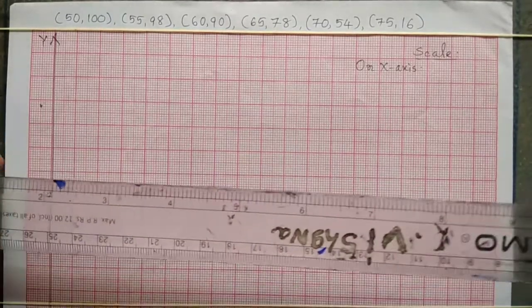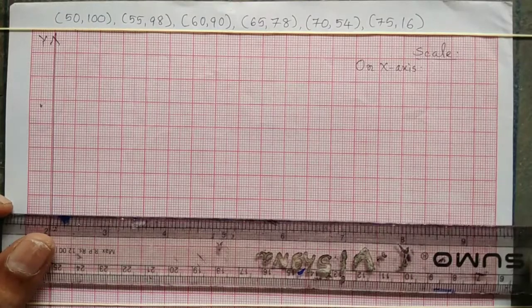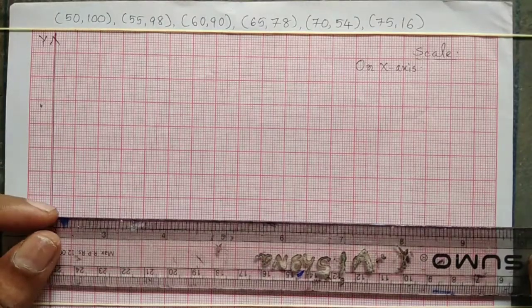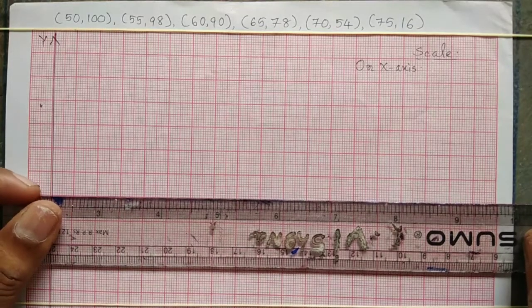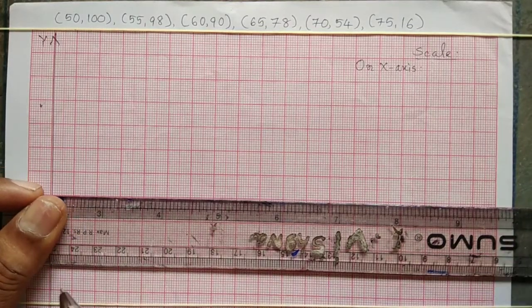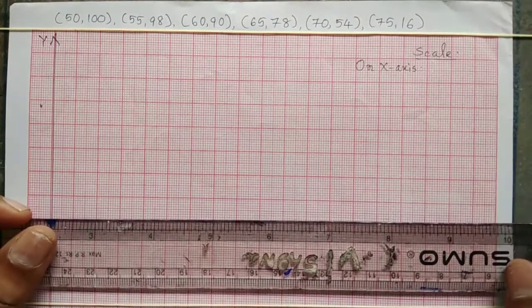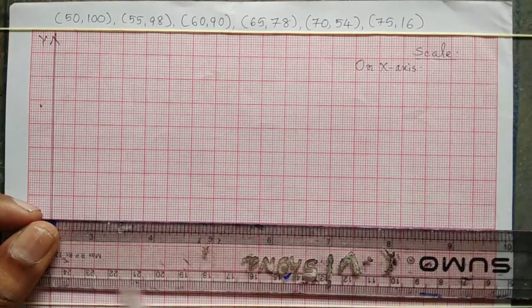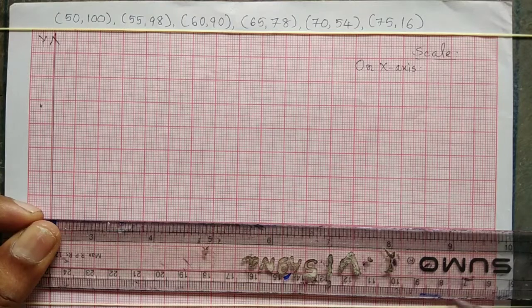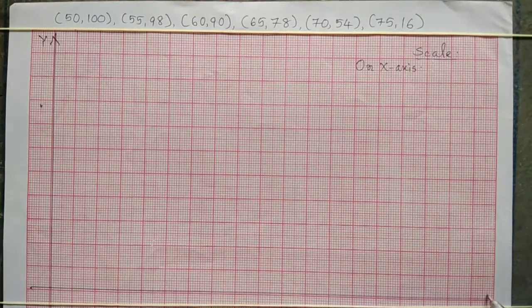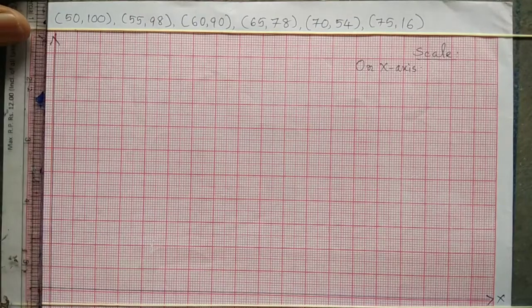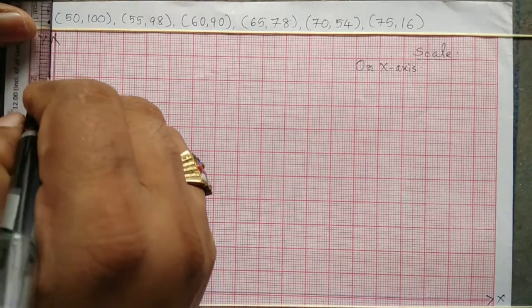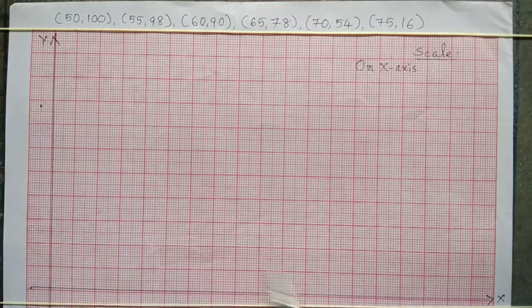Now we have to prepare the Cartesian plane. The horizontal line is called the x-axis. The vertical line is called the y-axis.